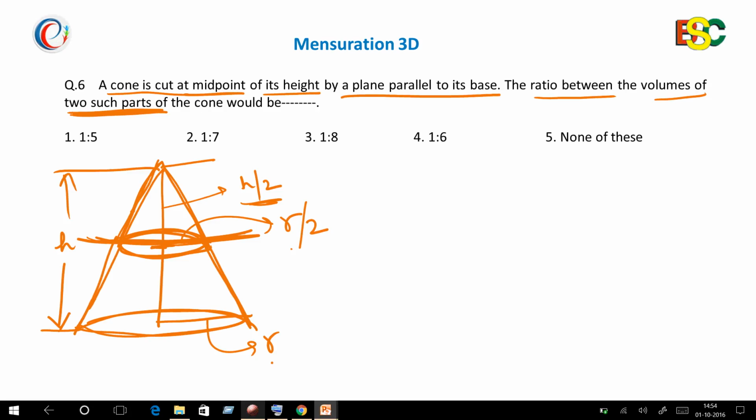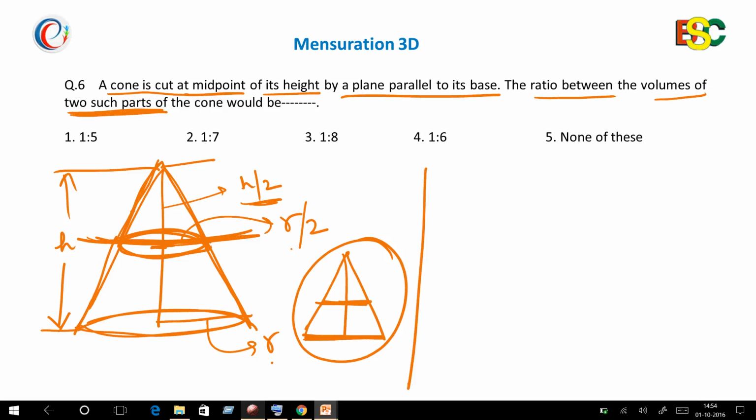Now since a cone is a three-dimensional figure, if you observe this in 2 dimensions, you'll obtain a triangle. Now if you cut this triangle at the midpoint of its height parallel to its baseline or base, then this line must be half of the base. So with the same property, the radius of the smaller cone becomes half to that of the bigger one.